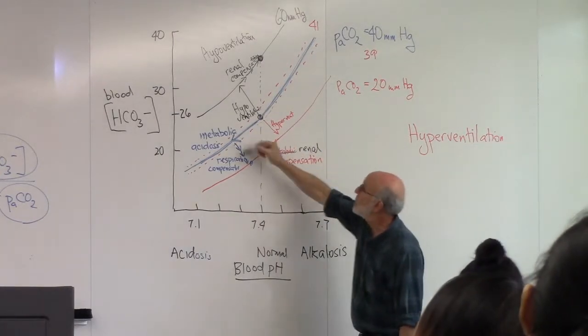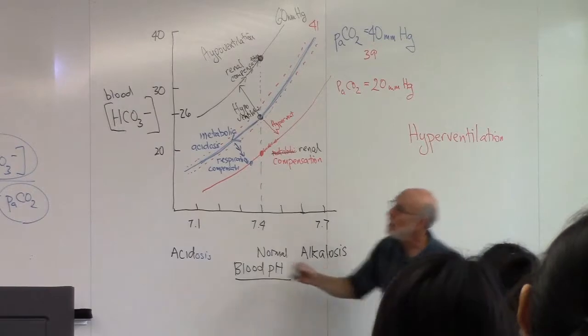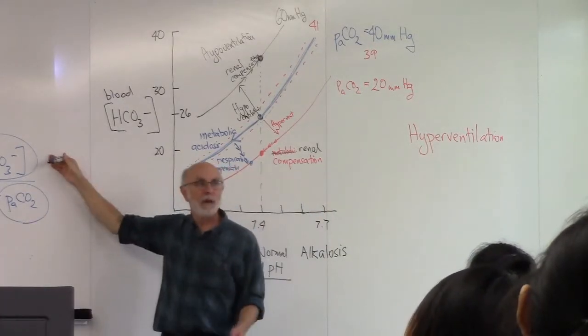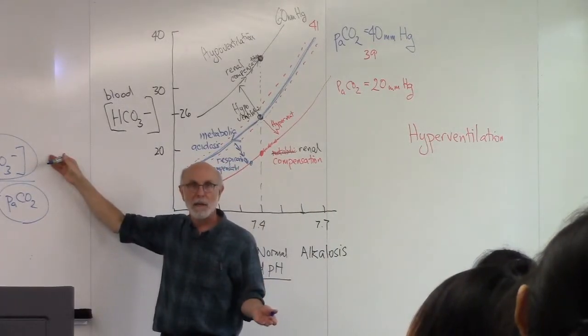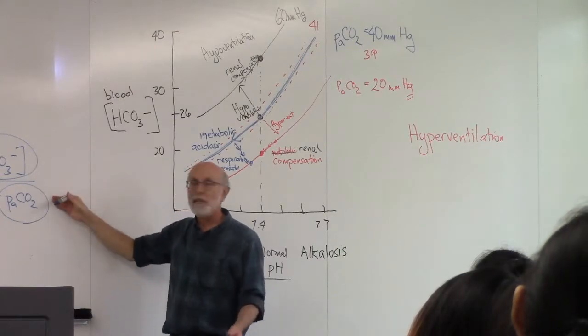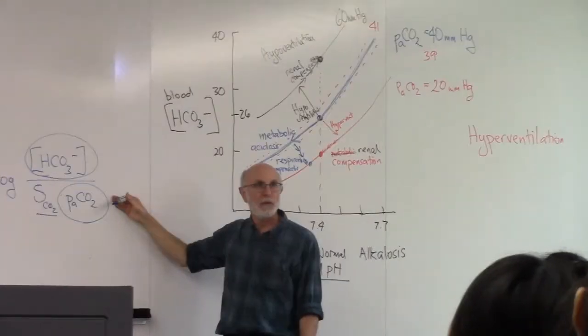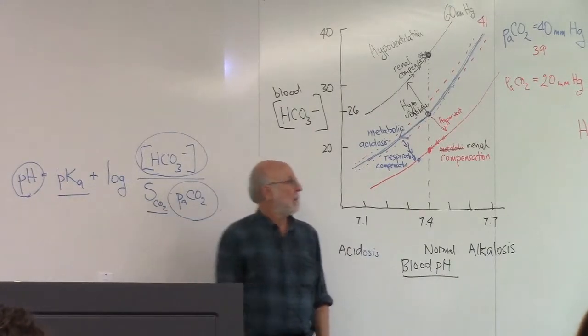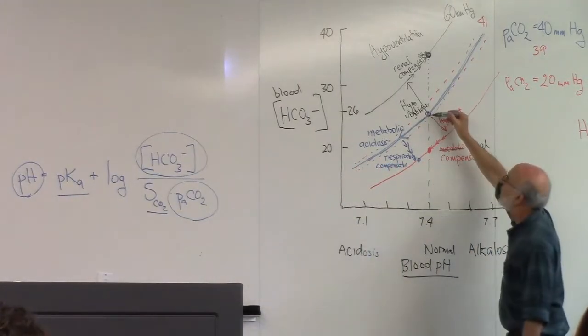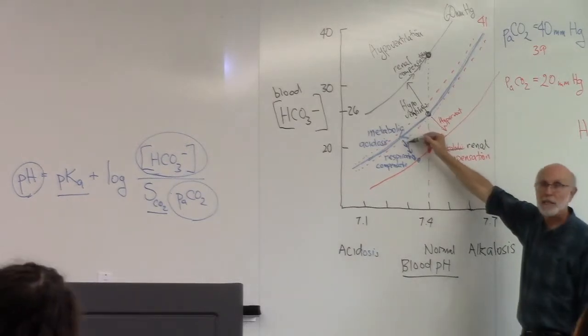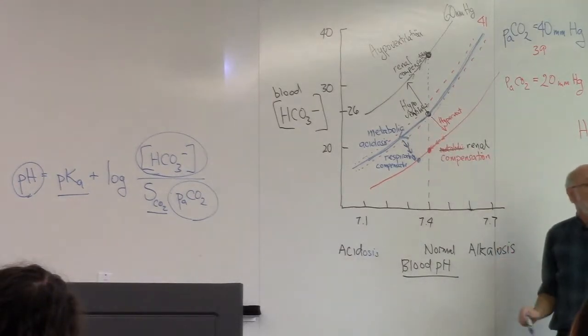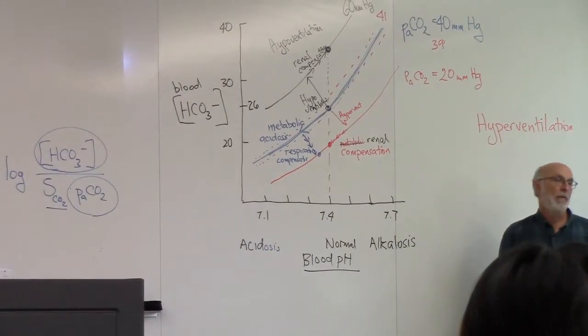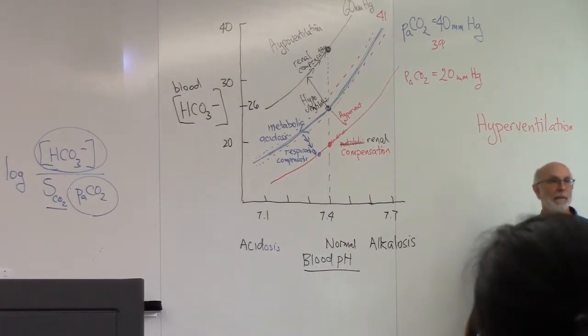Bicarbonate is going down because we are becoming acidotic, so we want to get rid of CO2. So we want to decrease the partial pressure of CO2 in order to try to renormalize pH. Acidotic because of exercise, increase ventilation as a response. You do this almost every day. Well, every day that you exercise.